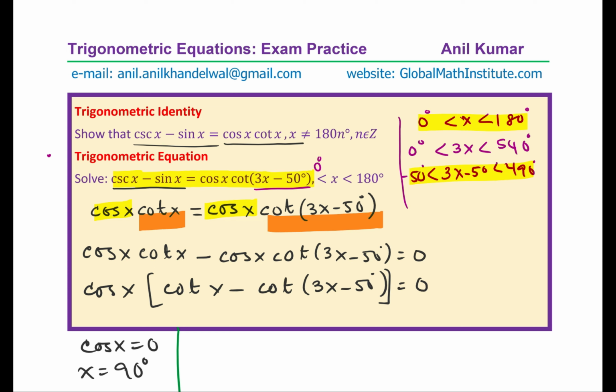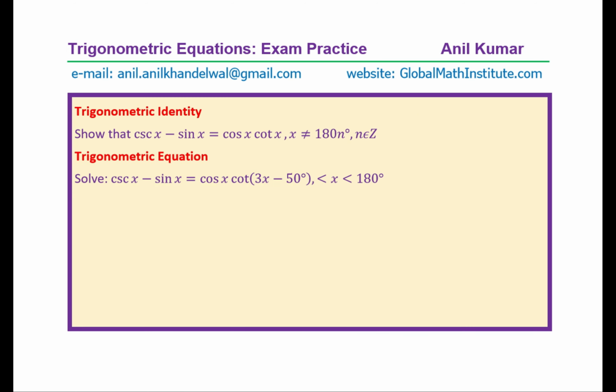Now the other part is that we have cotangent x equals cot of 3x minus 50 degrees, correct? Now that gives you that x is equal to 3x minus 50 degrees. You get the idea. So that will give you more solutions, correct? So let's move forward and look into this part of the solution, which is that cot x equals cot of 3x minus 50 gives us many solutions.